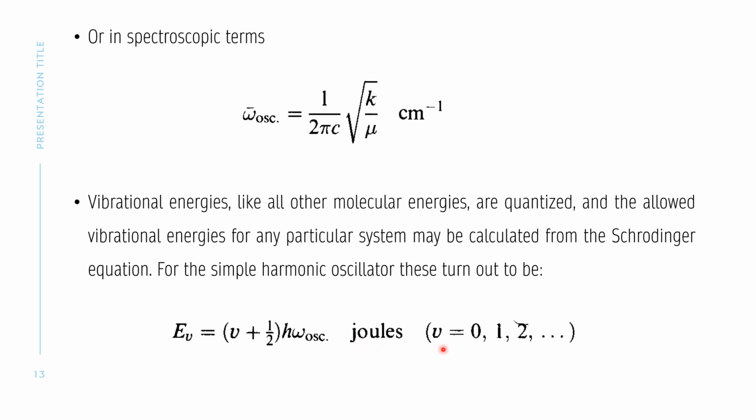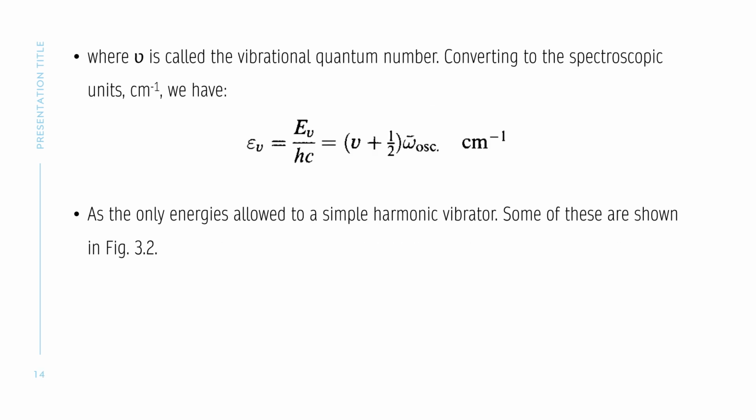Here, V can take the values 0, 1, 2, 3, and so on, where V is called the vibrational quantum number. If we want to convert it into spectroscopic units, that is centimeter inverse, we will have to divide the energy given in joules by Hc, and we will get V plus 1 over 2 omega bar OSC.